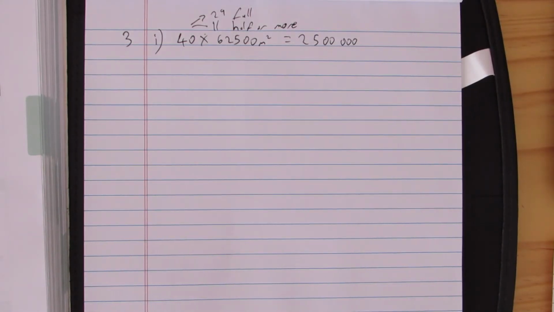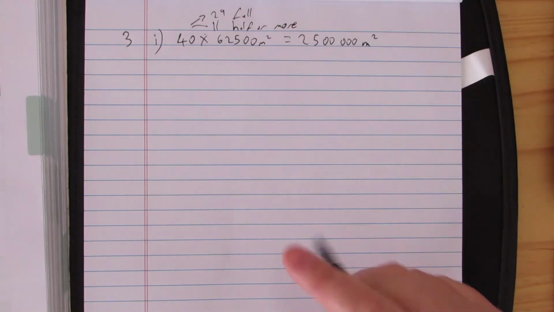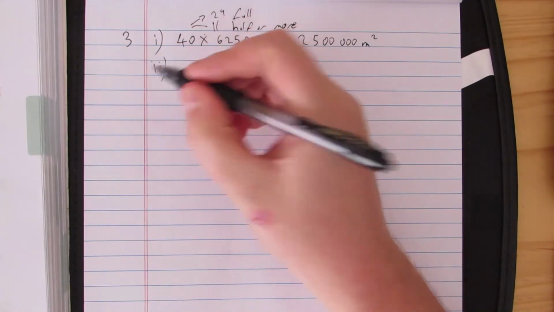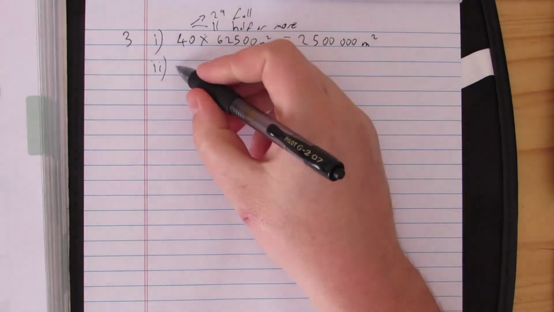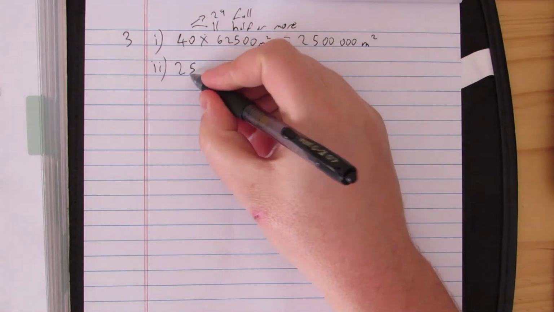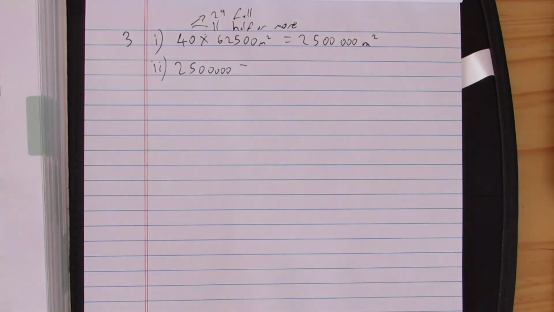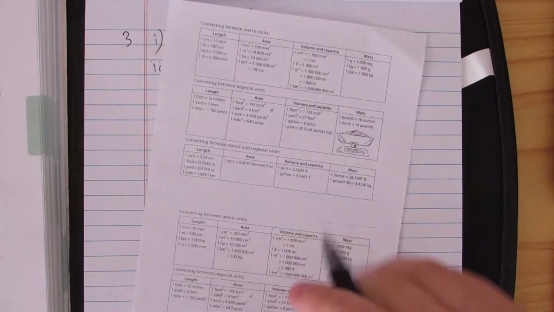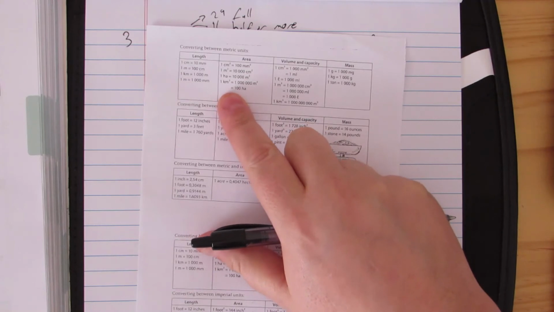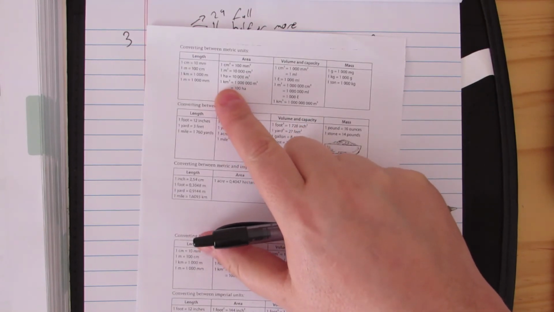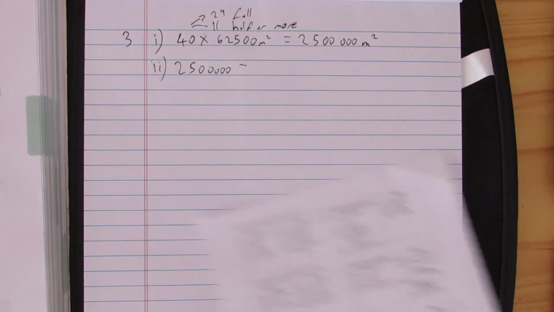Now they want that in square meters. That's fantastic. That's what I've given them. The second question they ask is to give the answer in kilometers squared. So I'm going to refer back to my very helpful little page here. It tells me that 1 square kilometer is 1,000,000 square meters.